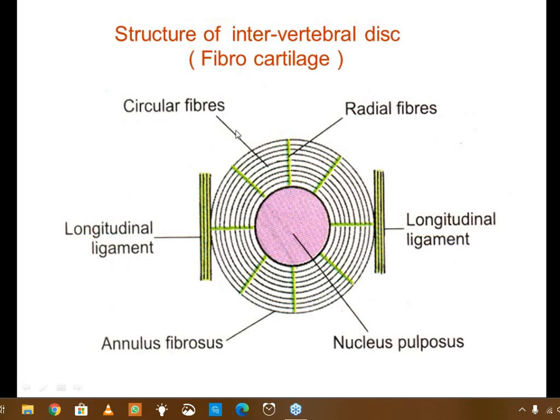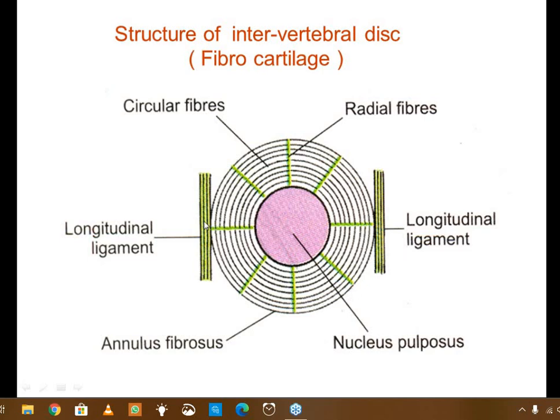As far as the structure of this intervertebral disc is concerned, it consists of a central portion which we call the nucleus pulposus. On either side of this nucleus pulposus, all around circumferentially, are located the circular fibers, and then there are some radial fibers also going towards the margin of this annulus fibrosus.